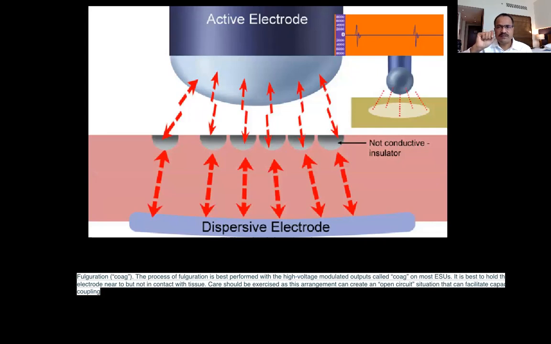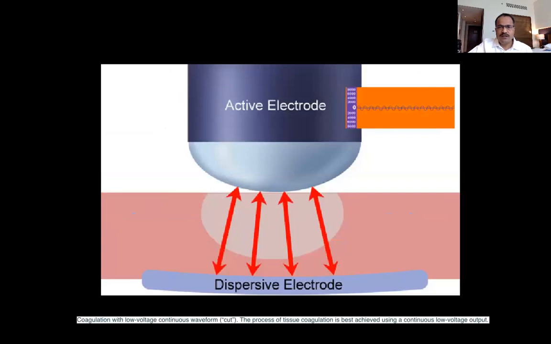Next time when that burst comes, it has to go through this already burnt area. So now the resistance is higher in this superficially burnt area, so there will be more lateral spread. This is the problem with coag current.